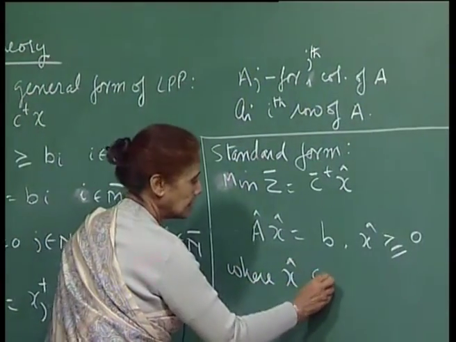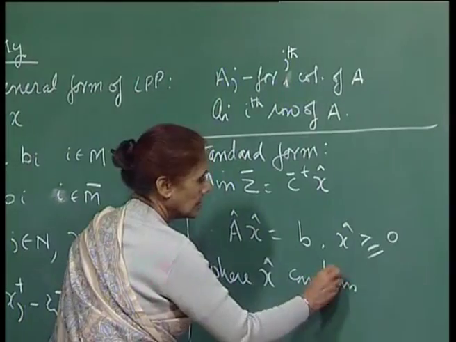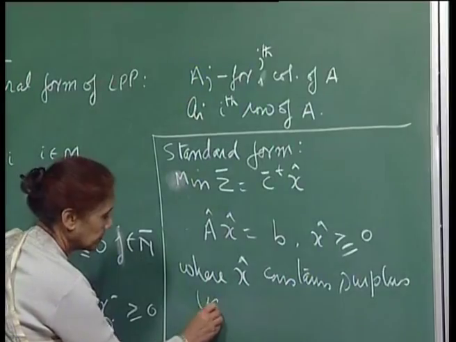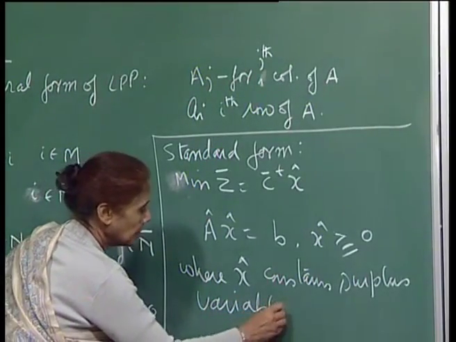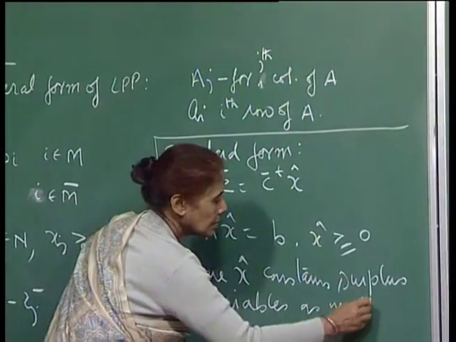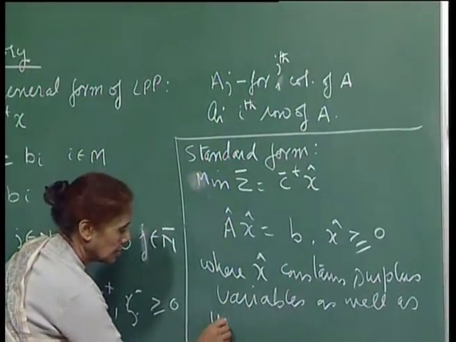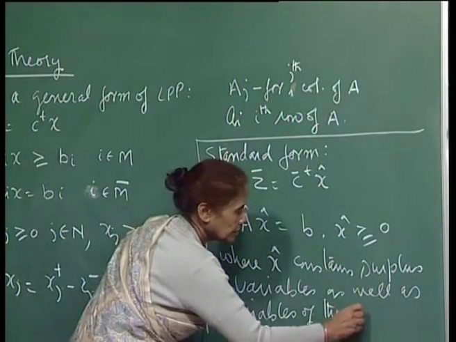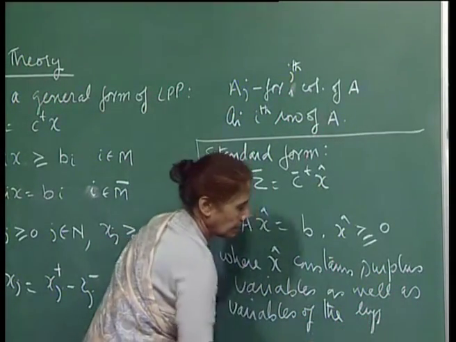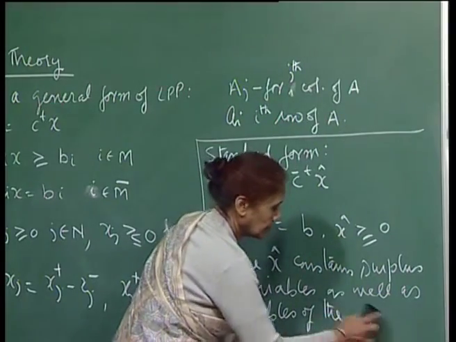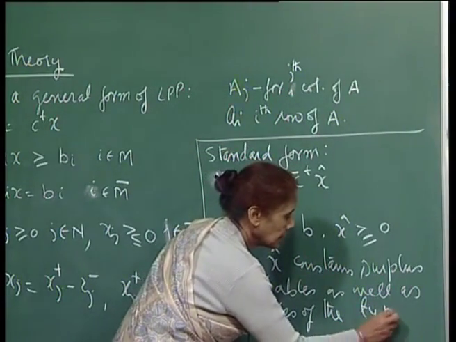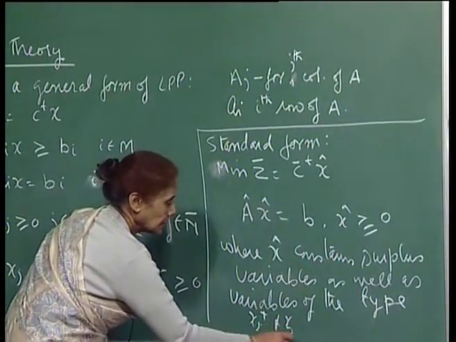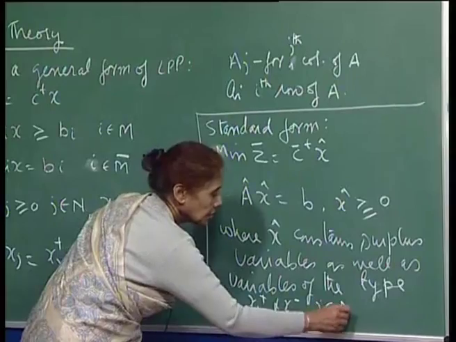x hat contains surplus variables as well as variables of the type xj plus and xj minus for j belonging to n bar.